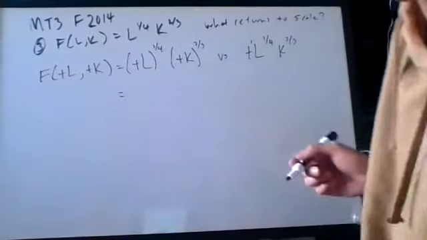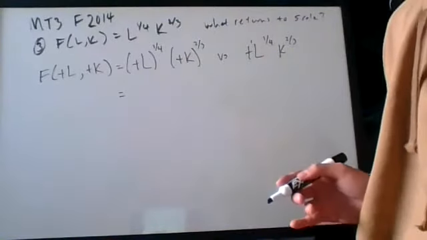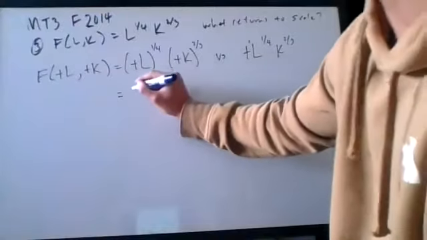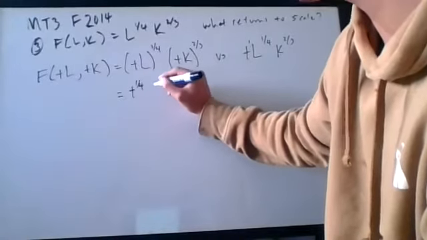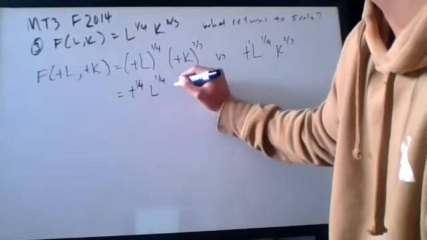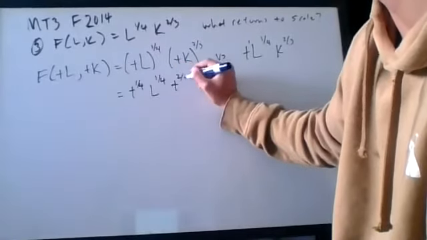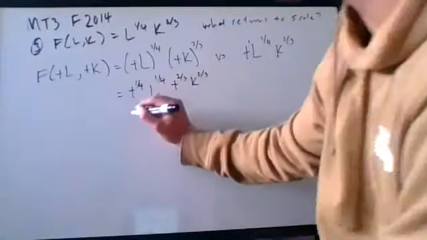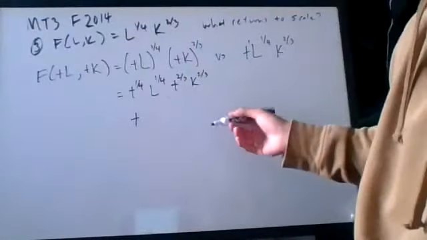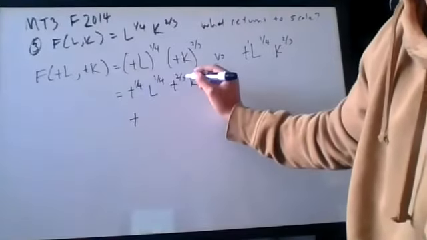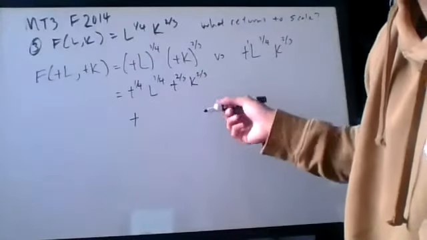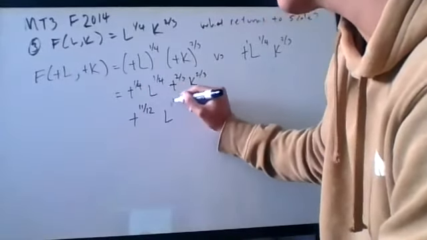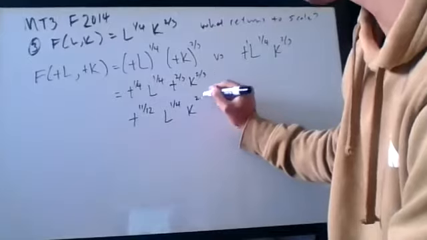This is like scalar invariance, just with a different application. This simplifies to t to the 1/4, L to the 1/4, and t to the 2/3, K to the 2/3. Grouping my t's, this is 3/12 plus 8/12, so t to the 11/12 times L to the 1/4, K to the 2/3.